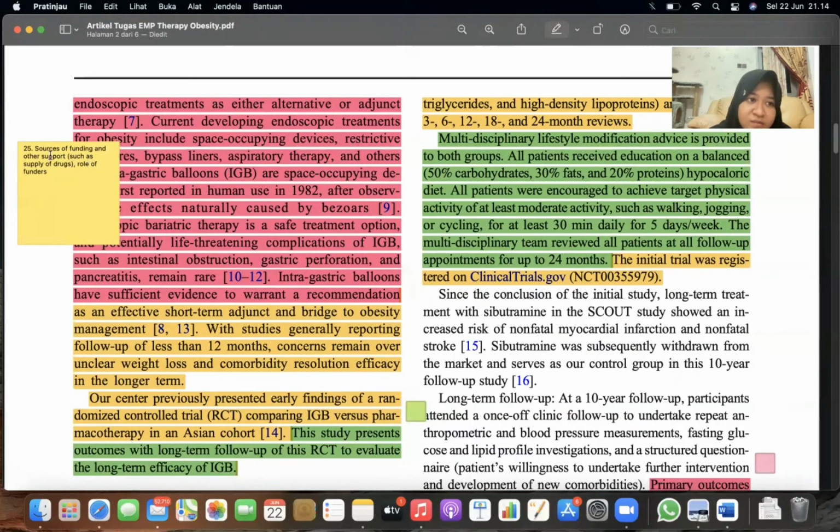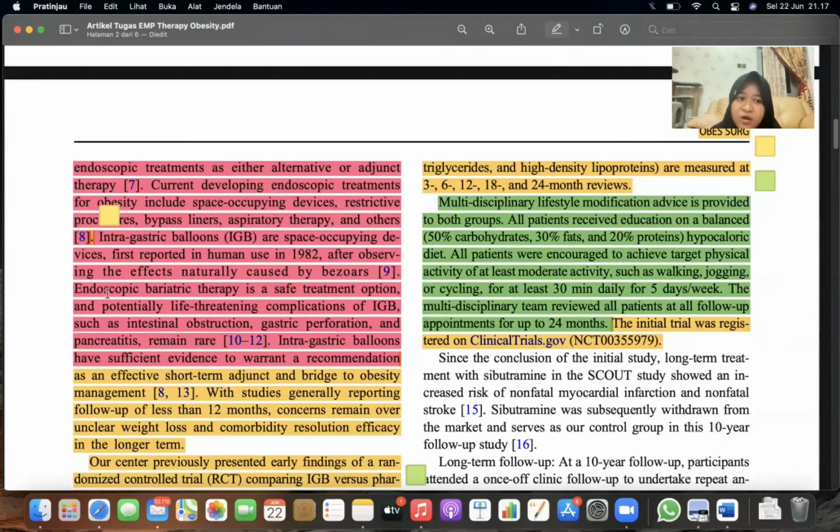Okay, the next is number 25, source of funding and other support such as supply of drugs, role of funders. Okay, the answer is here from the sentences: Intragastric balloons, IGB, until in the longer term.